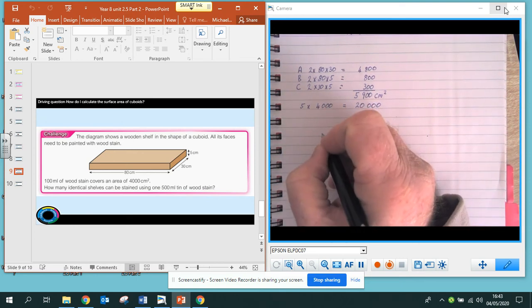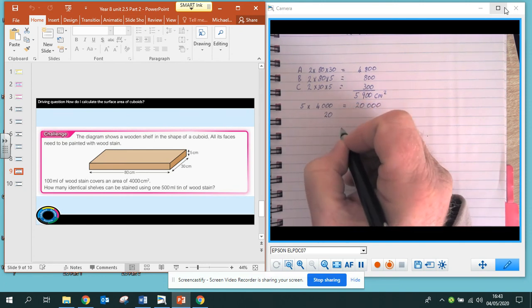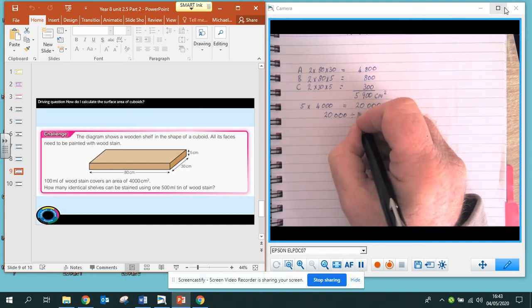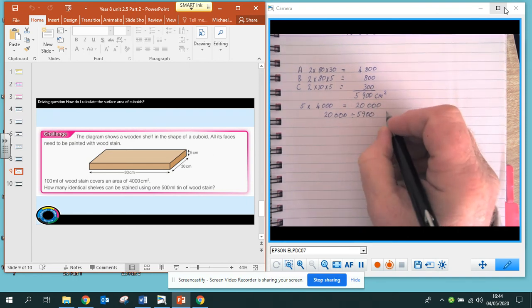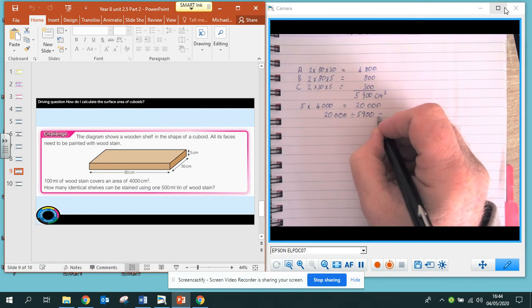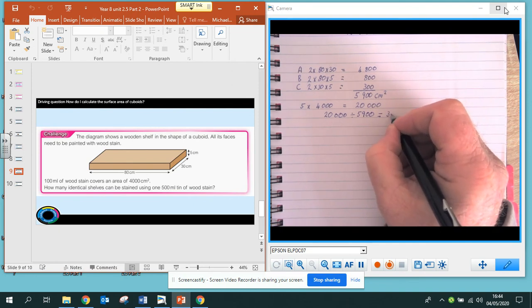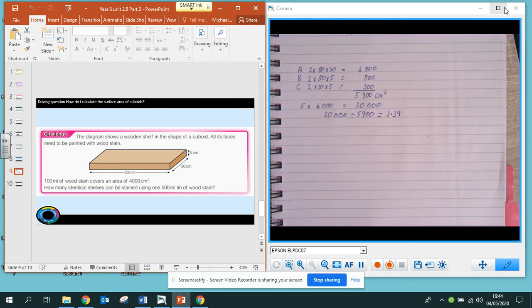To find out how many shelves that will do, we've got to do 20,000 divided by 5,900. If I do that on my calculator, I get an answer that I can round to 3.39. 3.39 shelves.